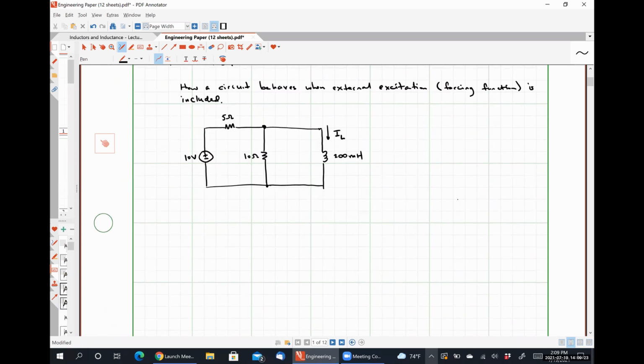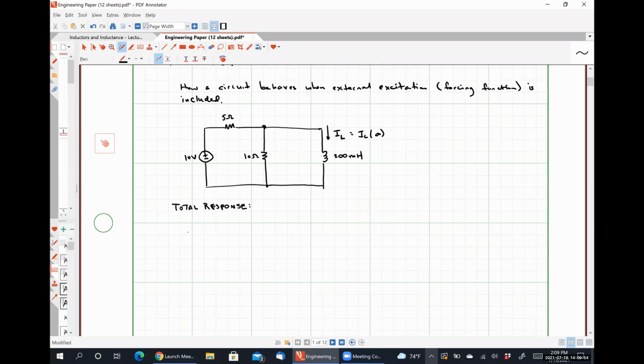The total response is simply, so we could call this IL at t equal to infinity, because it's valid for all points in time.